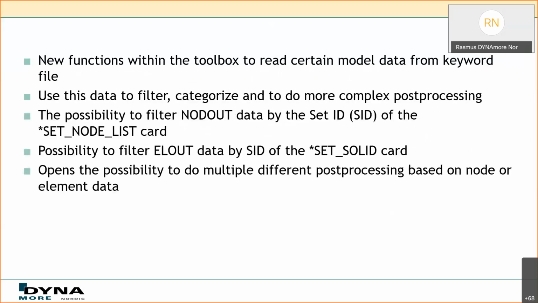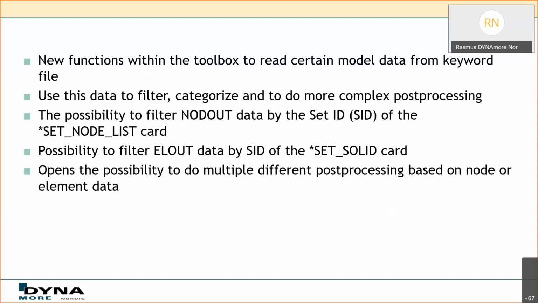And with that, some new functions have been added within the toolbox to read certain model data from the keyword file, so that you can use this data to filter and to categorize your data, so you can do the complex post-processing that you want to.